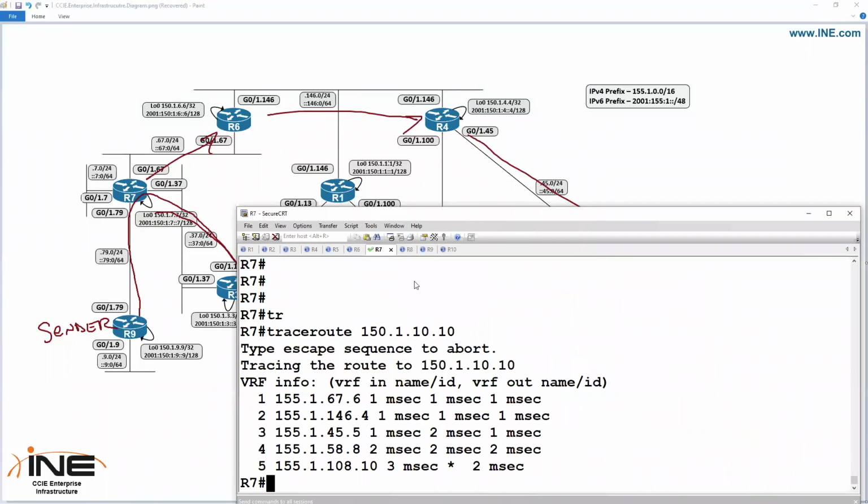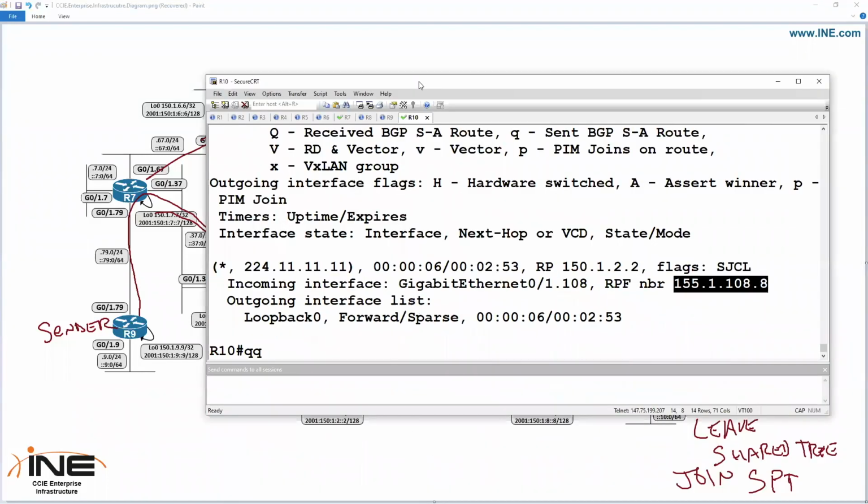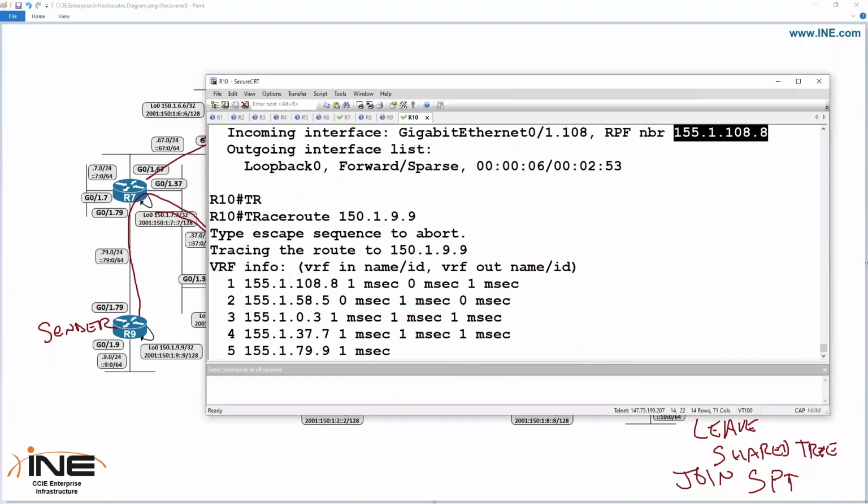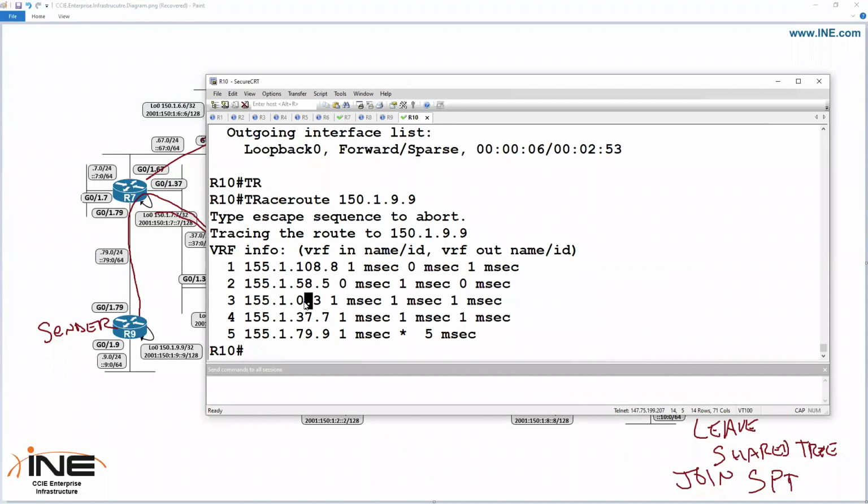So from router 10, if we do a trace route to 150.1.9.9, the shortest path tree is going through router 3. Okay, so we're going 8, 5, 3, 7, 9.